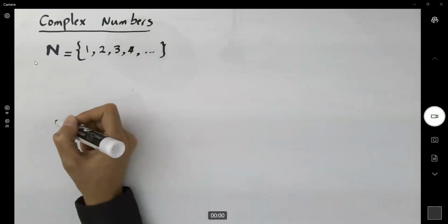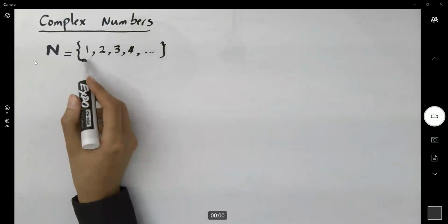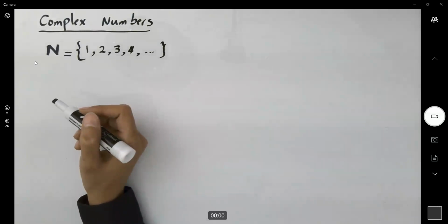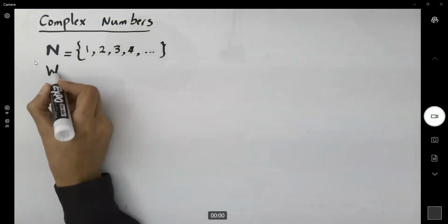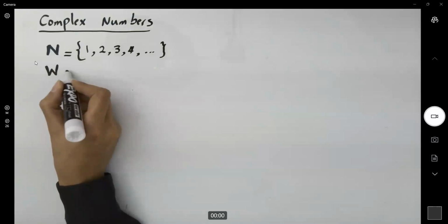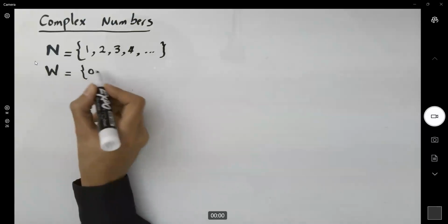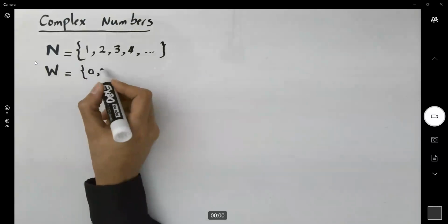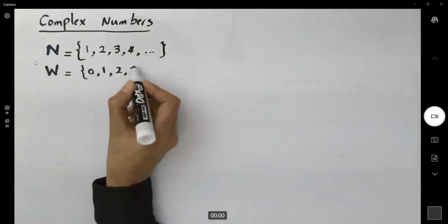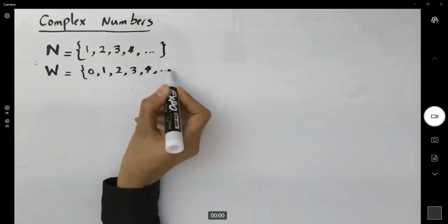Now, a mathematician says, okay, this set doesn't have 0. How do I add 0? Well, let us introduce a new set, the whole number set, W, which includes 0 and the rest of the numbers, natural numbers, 1, 2, 3, 4, and the rest of them.